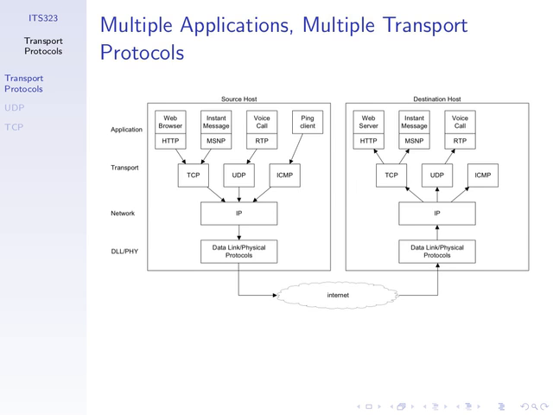In this case, TCP, UDP, and in fact ICMP is considered from a transport layer perspective here as well. Focus on TCP and UDP. Different applications use different transport protocols. In this example, our web browsing application uses TCP, instant messaging uses TCP, and our voice application uses UDP.